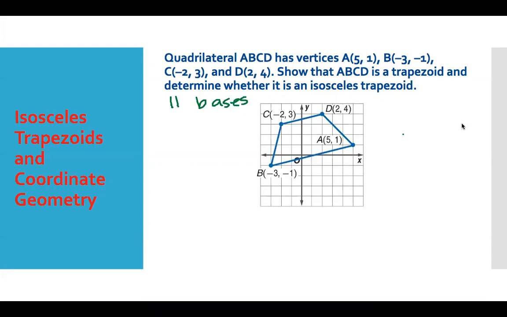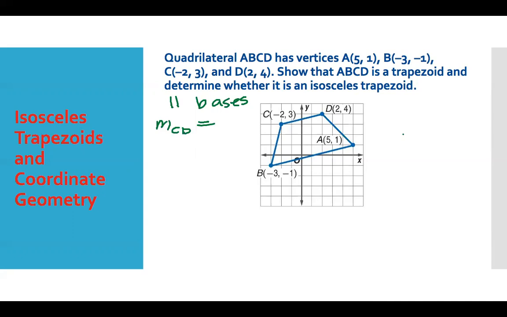Okay. So where are our bases? Our bases are going to be CD and BA, right? Okay. So in order to show that the bases are parallel, what number do we have to have? Slope. Okay, so the slope of CD is what? Let's just count.